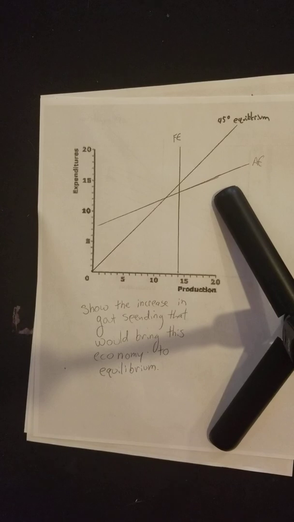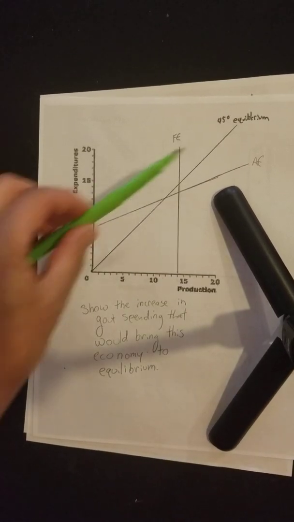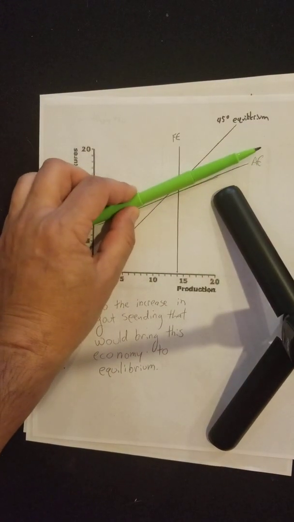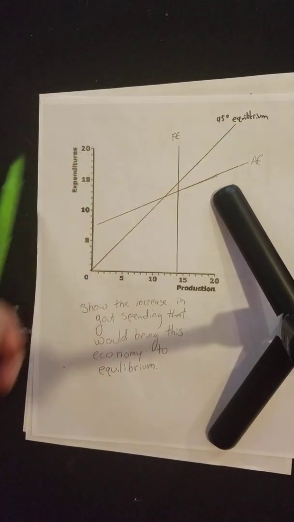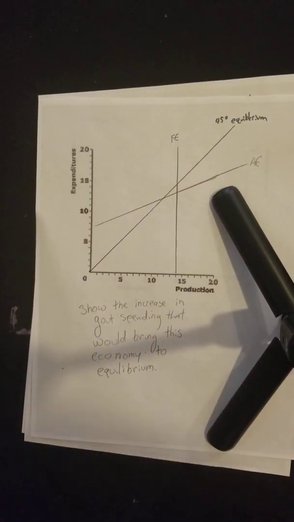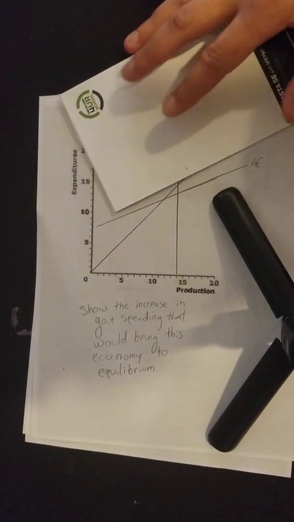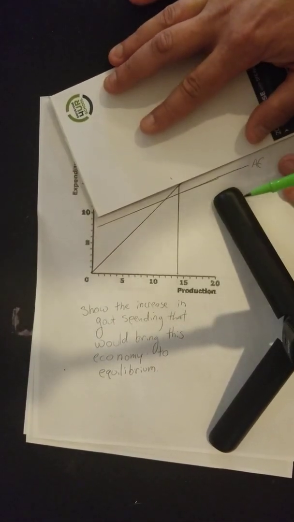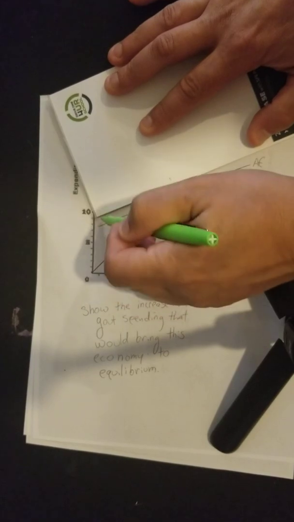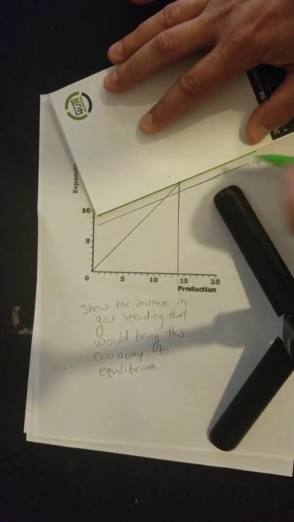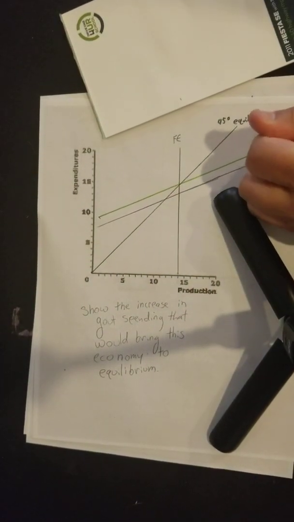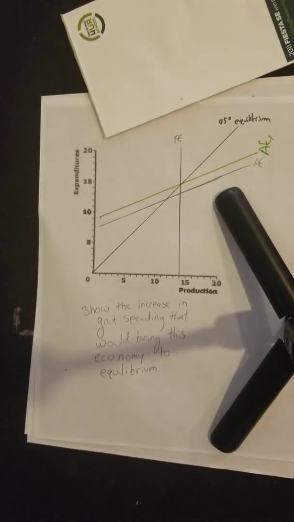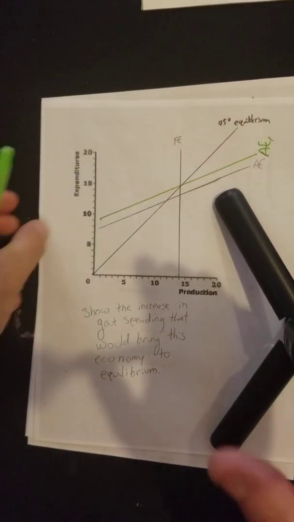So that increases aggregate demand, and that will increase aggregate expenditure, which is that combination of C plus I plus G. So now I'm going to try to draw this line parallel. But if the government actually does a great job and brings us right back to perfect equilibrium, this would be that effect graphically.